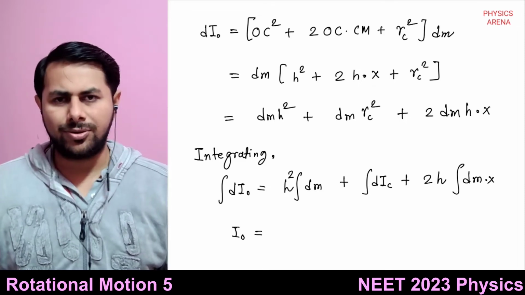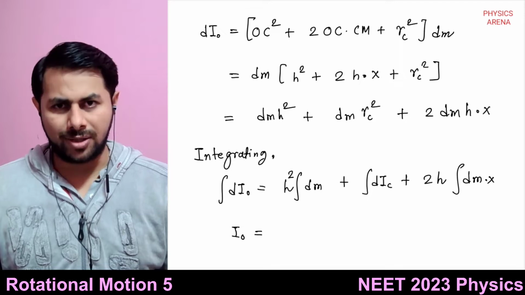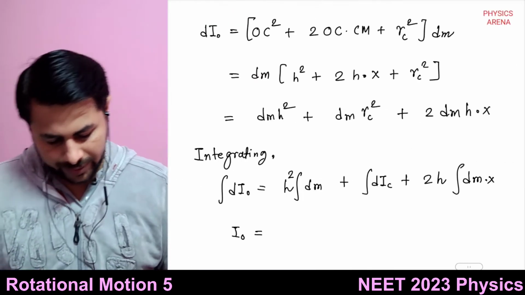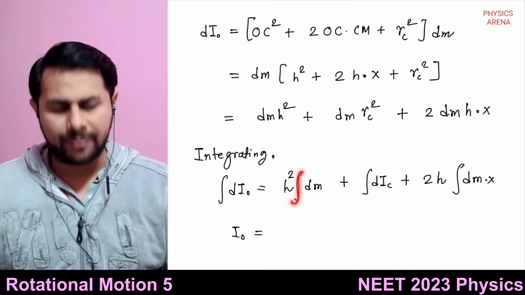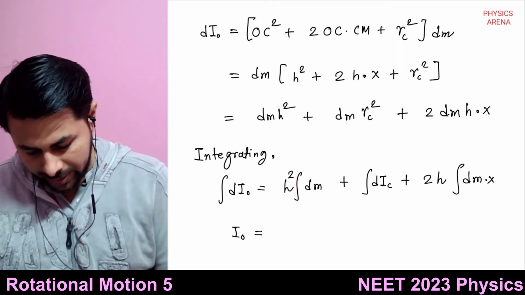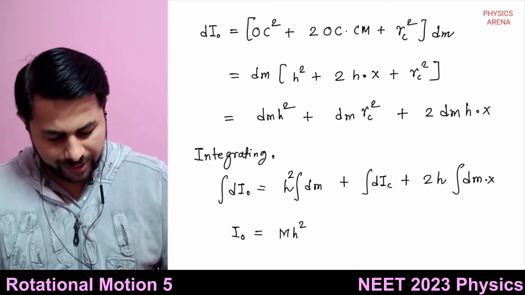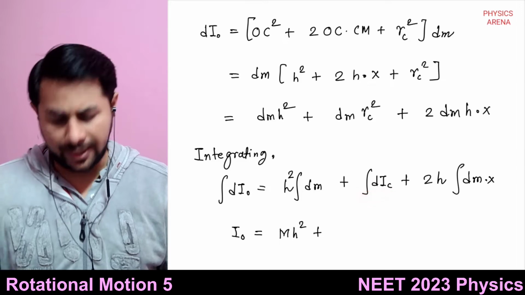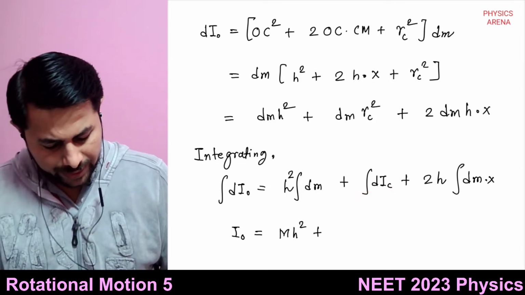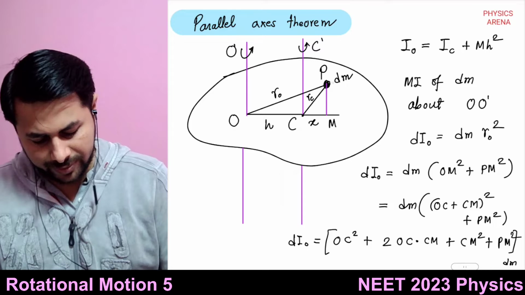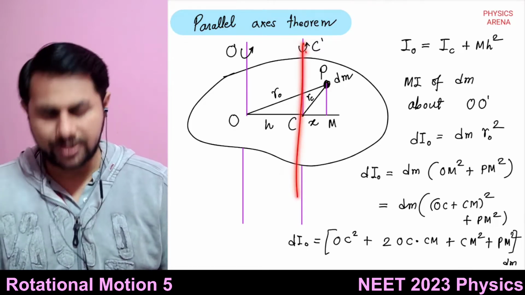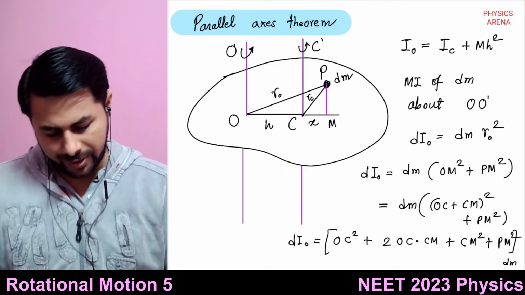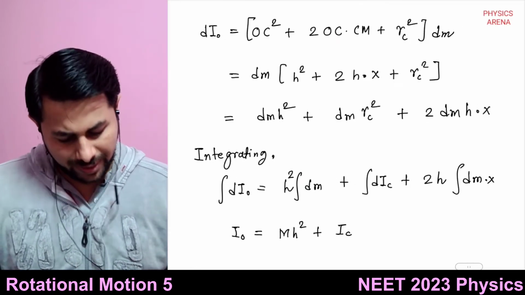Integration of dIO is IO, the moment of inertia of the total body about this axis O. Plus you have integration of dm, which is just the total mass of the body, so m multiplied by h squared, plus then you have the integral of dIC, so it is just IC. dIC is the moment of inertia of this mass about this axis, and its integral over the body is the moment of inertia of the total body about this axis, right?